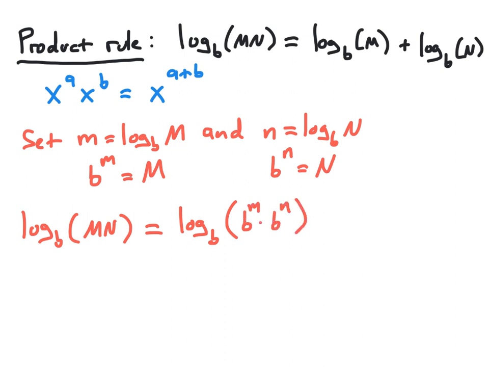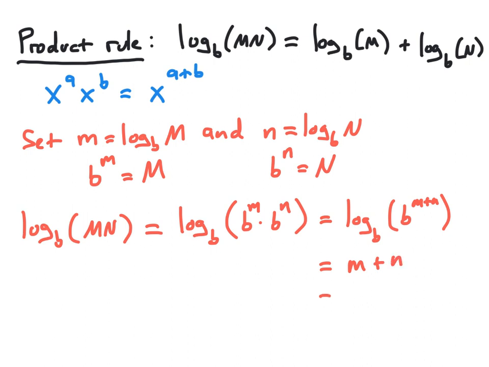So we're just substituting in our values for capital M and capital N. Now using the product rule for exponents inside the logarithm, this is log base b of b to the m plus n power. And now we have a log base b of b raised to a power. And as we've previously seen, this is just the value of that exponent. So we can just get m plus n here.